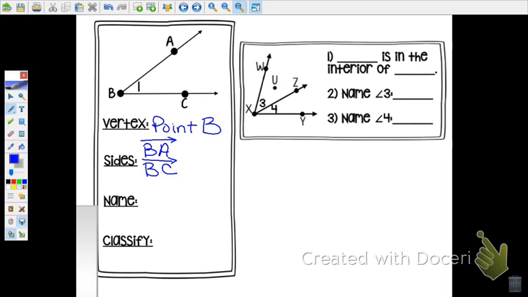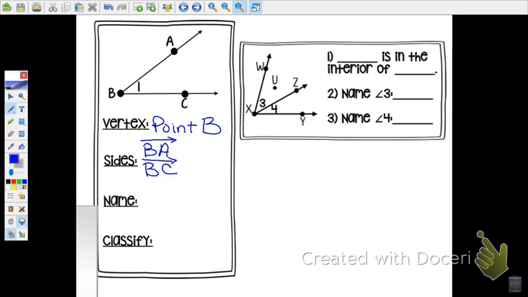When we name an angle, we have several different ways that we can name it, depending upon the information that is given to us. One way we can name an angle is to use just the vertex.